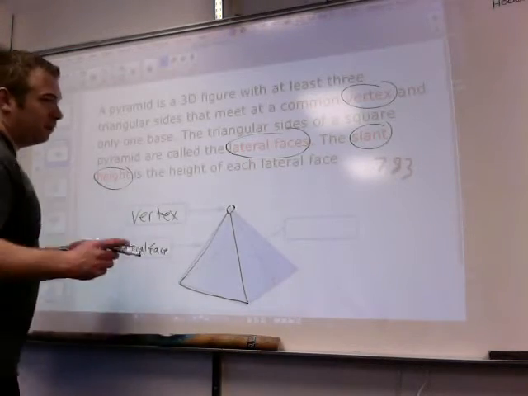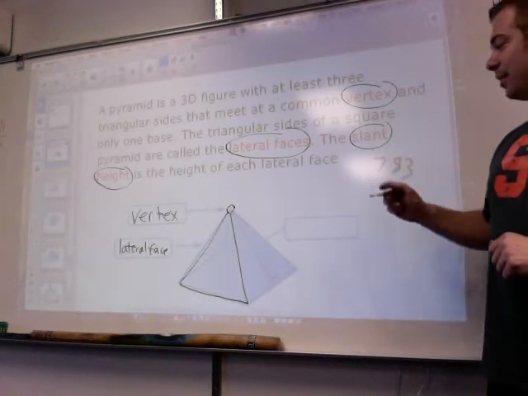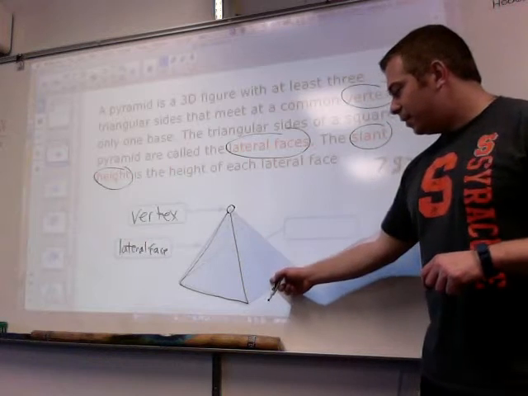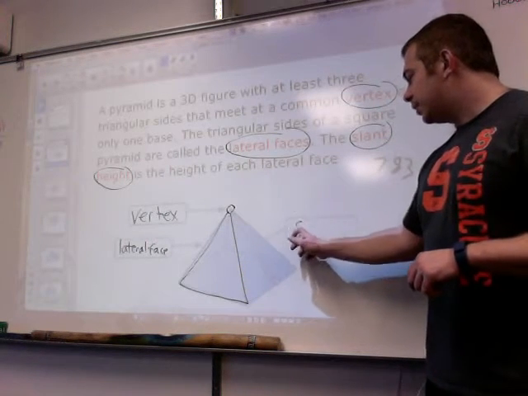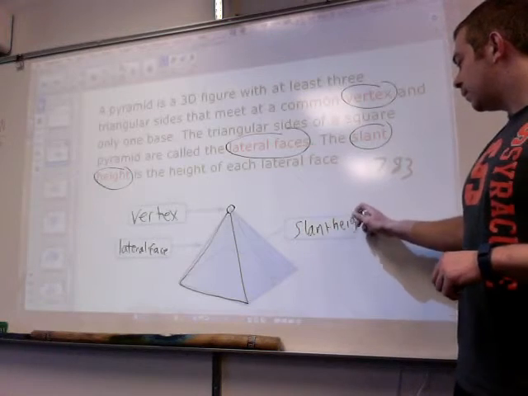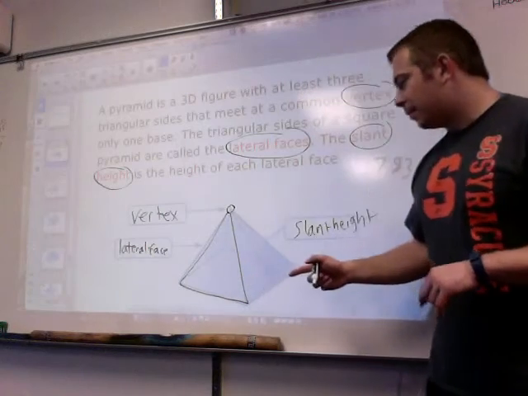And last but not least, we have our slant height, which, if you can't see the color here, is usually depicted in red in your books. All right, so I need you to know those terms because you already know what the base is down here.